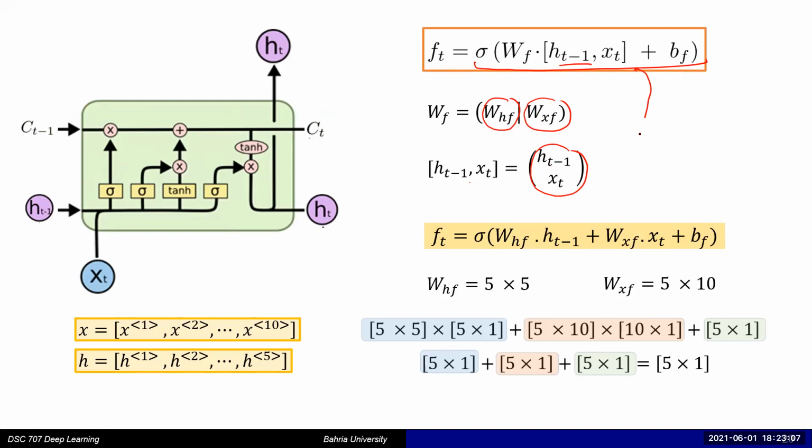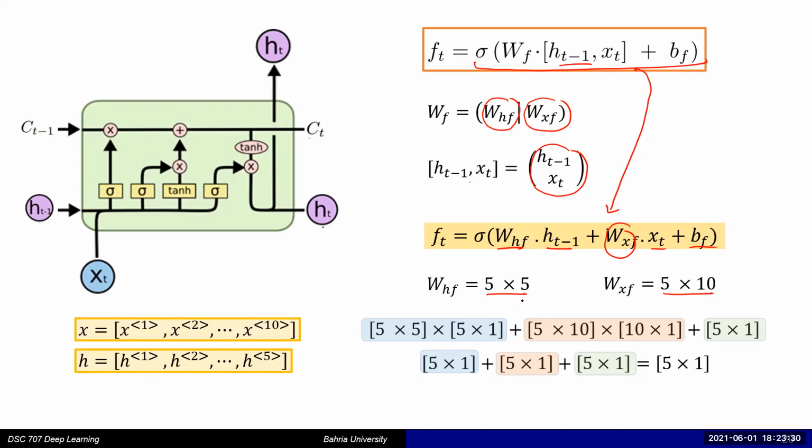If we expand this expression, we have a weight matrix multiplied by the previous hidden state, a weight matrix multiplied by the current input, and then we add bias. Since we are assuming 5 neurons in the hidden layer, the weight matrix from hidden to hidden is 5 cross 5. From input to hidden, because input has 10 and hidden has 5, it is 5 cross 10.